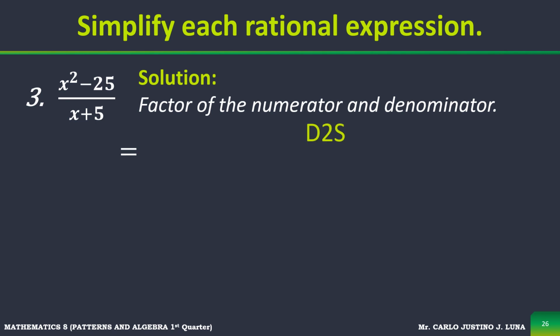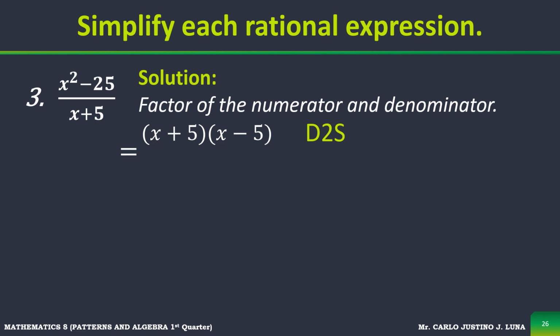So, if that's the case, the factors of our numerator are x plus 5, x minus 5. Diba? Get the square root of the first term, x squared, x. Square root of the second term, 25, that is 5. So we have x plus 5, x minus 5.